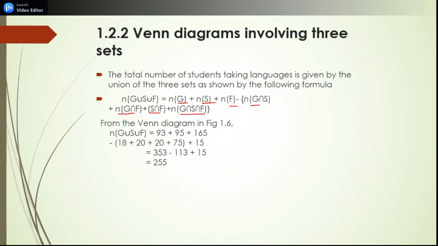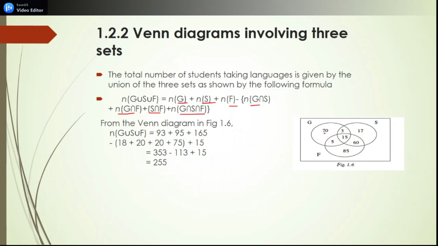So the union of all those elements is like taking 70 plus 3 plus 17 plus 16 plus 15 plus 5 plus 18. Then when you add all those elements, you will get the union of students who take German, French and Spanish. You will get this value.